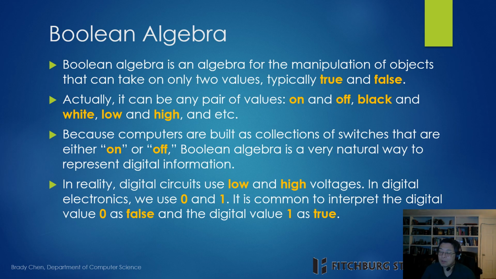Instead of using on and off, low or high, we use the binary numbers, 0 and 1. So it is common to interpret the digital value 0 as false and the digital value 1 as true, or vice versa. It doesn't matter. It's up to us. So in this class, we're going to use the value 0 as false and the value 1 as true.